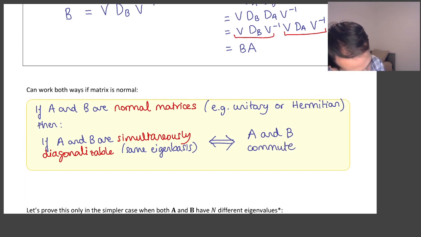Okay, so this is only if A and B are normal matrices. So this is a necessary condition here for this to work both ways.